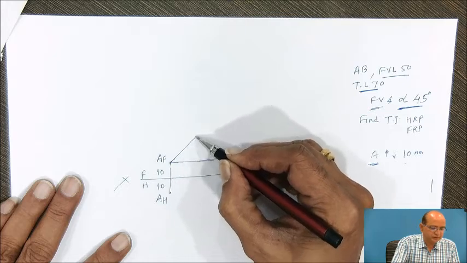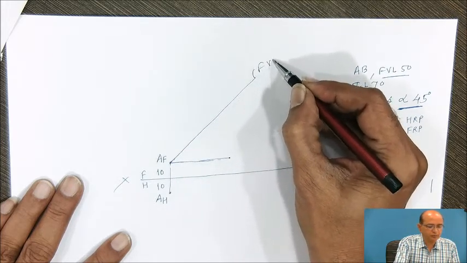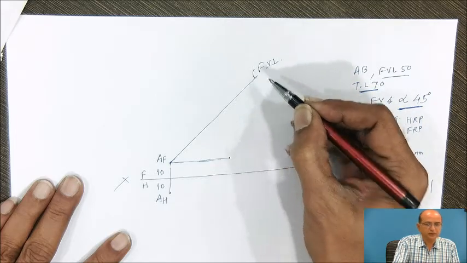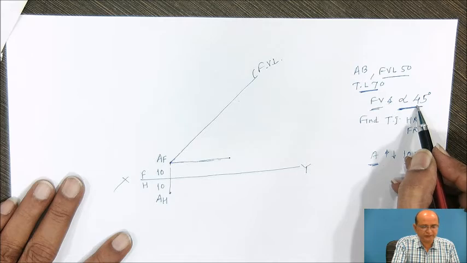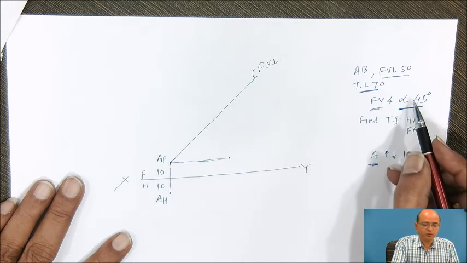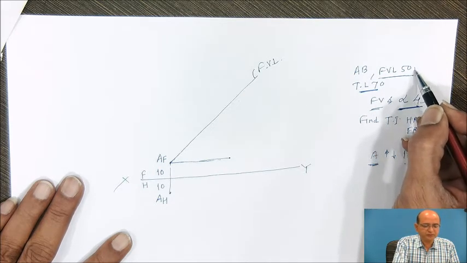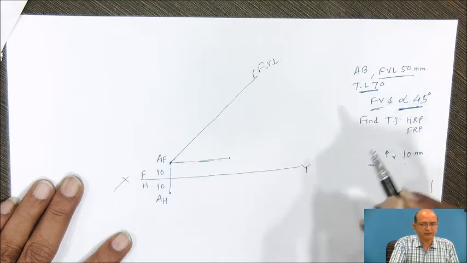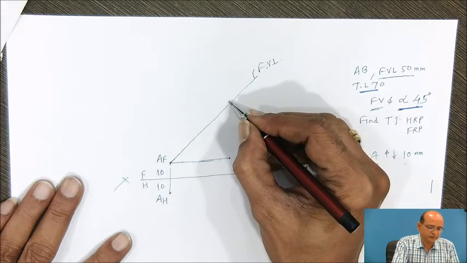This line is related to the front view length, because the apparent angle is given as 45 degrees. On this line we mark the distance 50 mm, which is the front view length of line AB, by taking the distance in a compass.